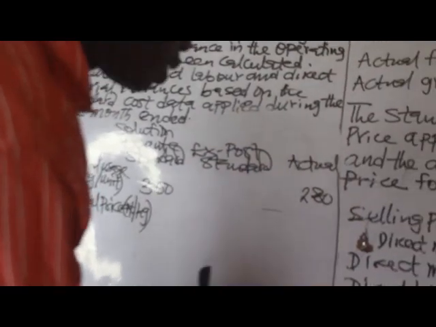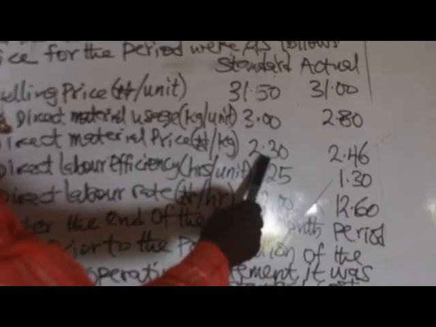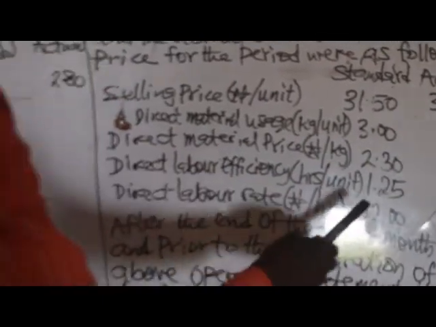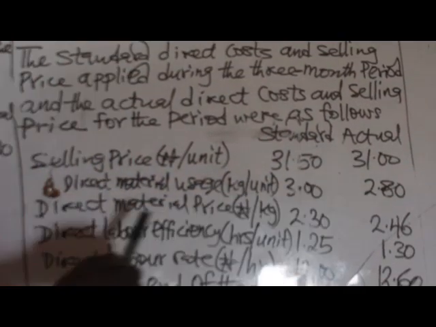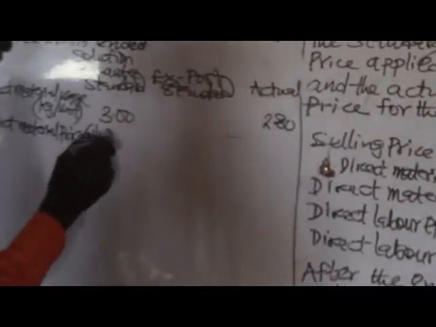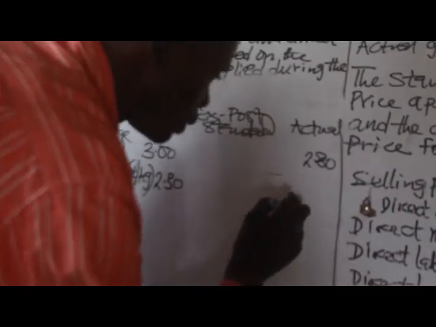by theory, then direct material price, naira per kg, 2.30 and 2.46 for standard and actual respectively. 2.30 for standard and actual we have 2.46.